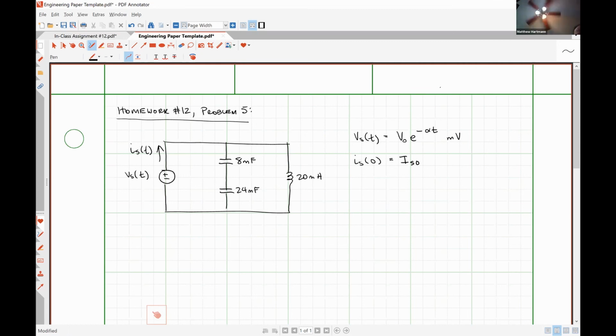We want to find Is of t for t greater than 0. So we're given a fairly limited amount of information to solve for this time domain or time varying current. So does anybody have any thoughts about what I could do to make this problem a little bit more simple, or any idea on how to approach the problem? Either way is fine by me.